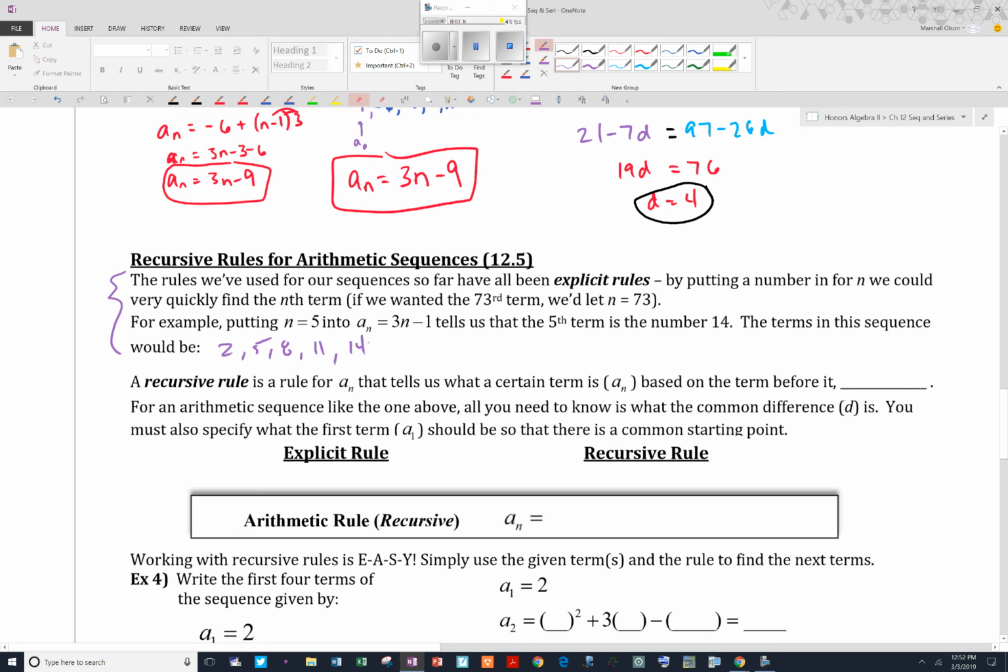And then what we're going to talk about now is the recursive rule for that series. The recursive rule is based on the term before it, which is called a sub n minus 1. That's the term before a sub n.